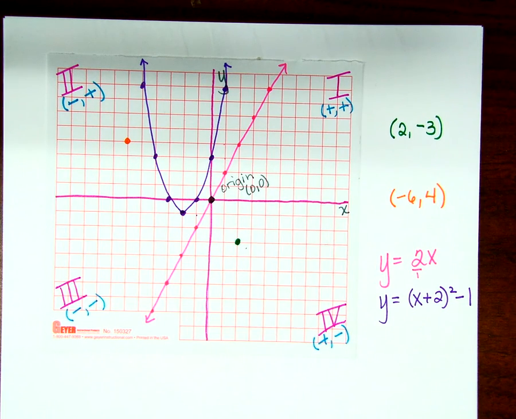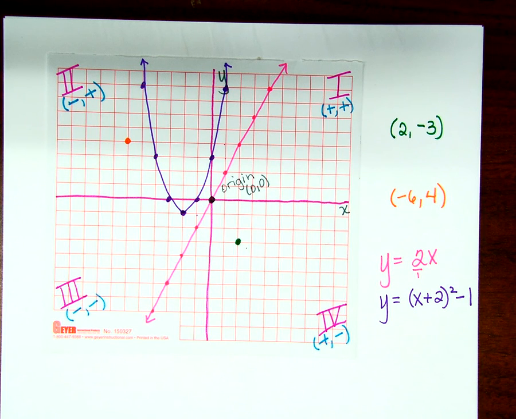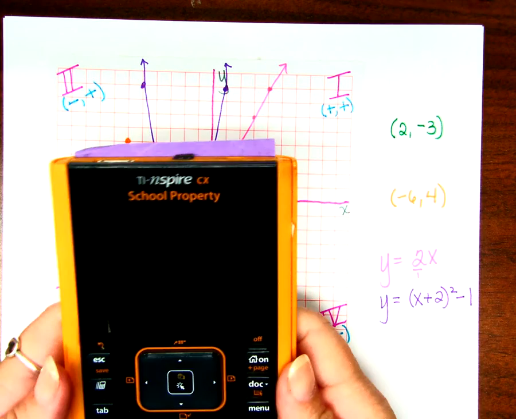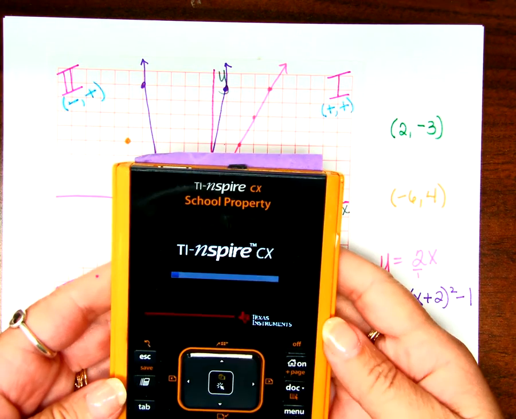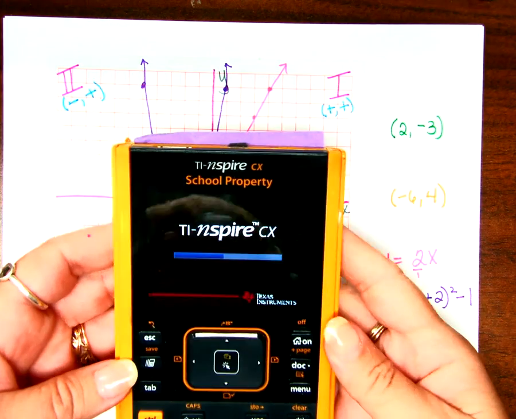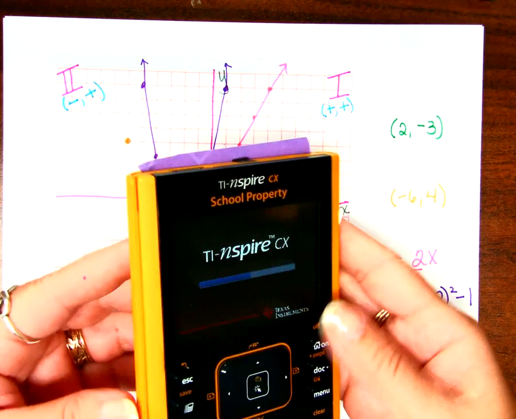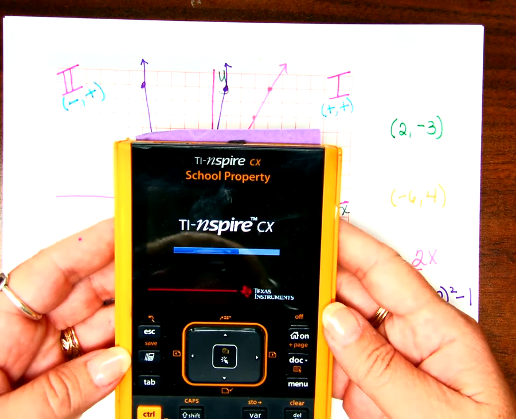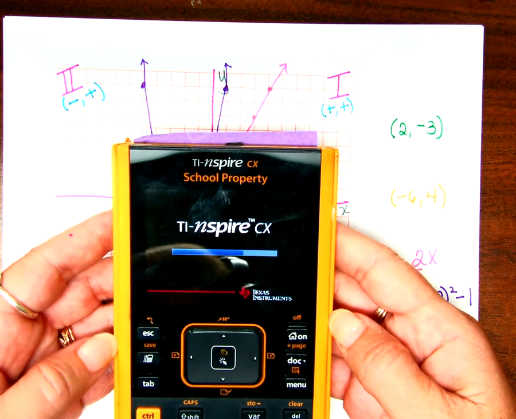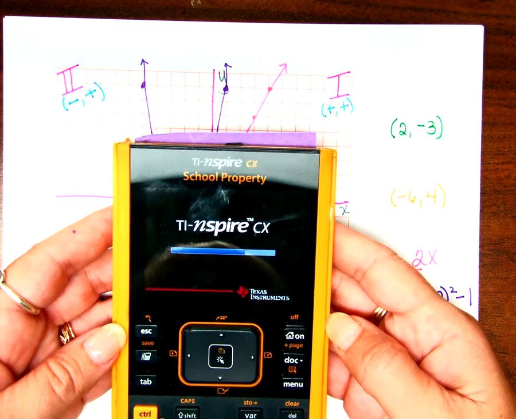Would you turn on your calculator? Look, I already pressed the on button. Would you please come on? Thank you. Does yours always take as long to come on as mine, or only when I'm trying to show people something? Only? Okay. Awesome.